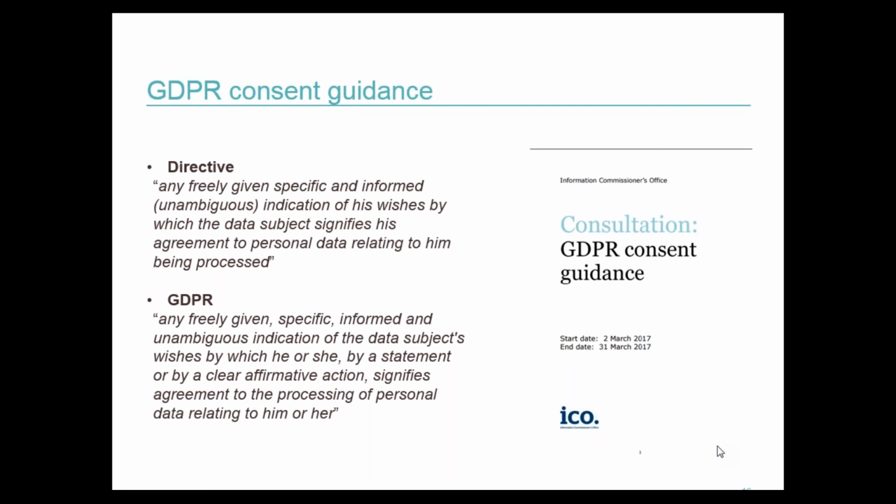So consent has to be specific. So this means that instead of having a broad sweeping consent to all processing, it should be really granular, and people should have the freedom to agree to some but not all processing as appropriate in the circumstances.